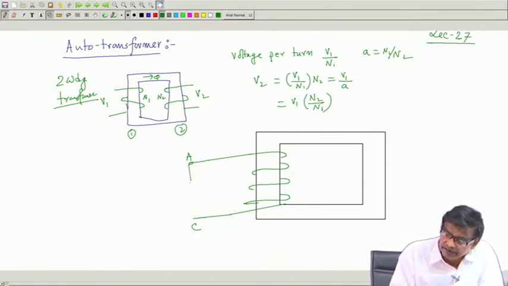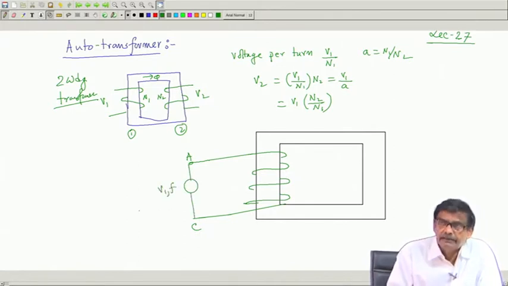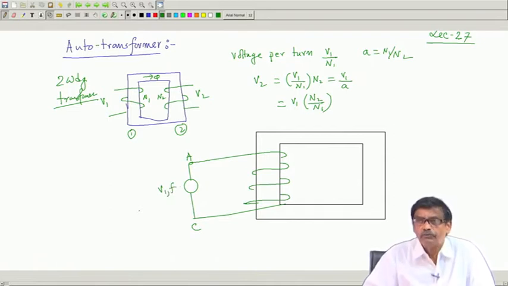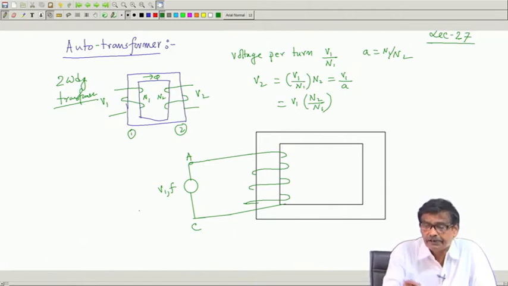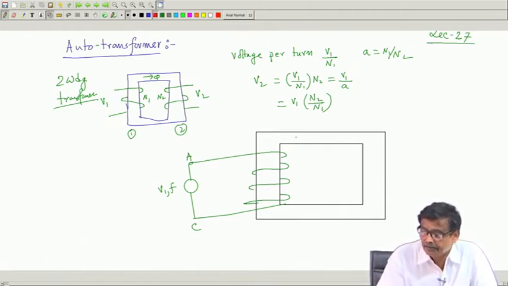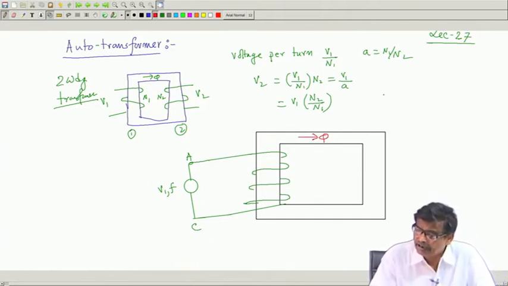I will apply some rated voltage at rated frequency. The moment you apply a known voltage at a known frequency, what gets fixed? The flux in the core gets fixed. And first I will tell about ideal auto transformer.